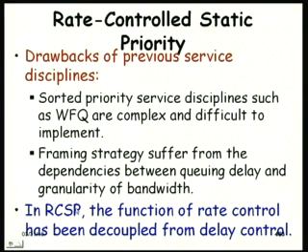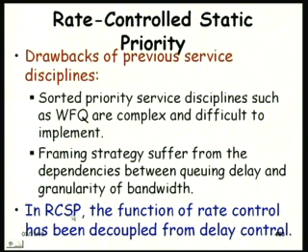Now, we will discuss RCSP. Here we will see that the rate control has been decoupled from the delay control. In the disciplines that we discussed so far, all are based on rate control, and we saw that each of them has some difficulty.